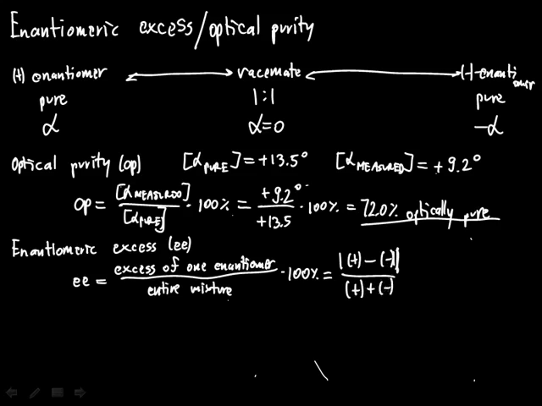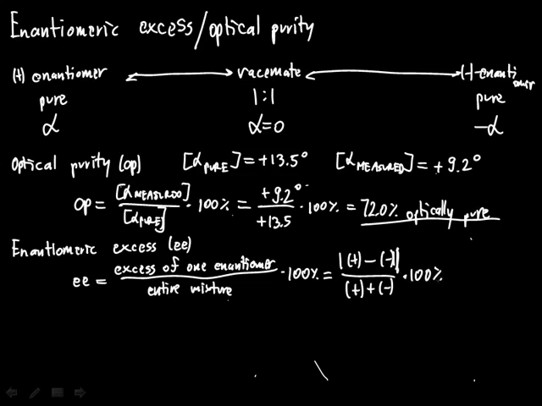And since both the top and the bottom of this fraction are in the same units, it doesn't matter what those units are, so we can use percentages or grams or moles of the two enantiomers, they always cancel. And so we multiply this by 100%. Okay?